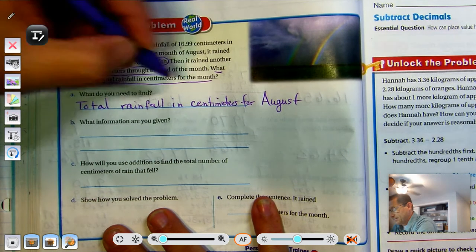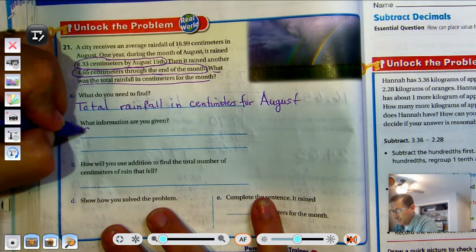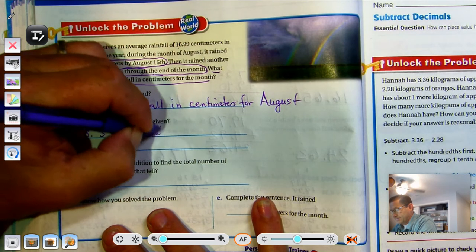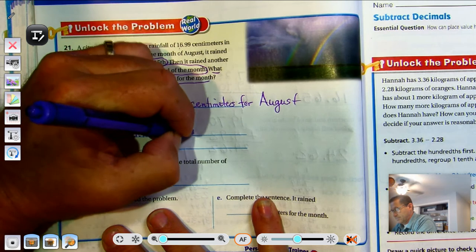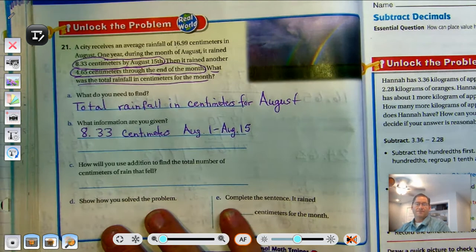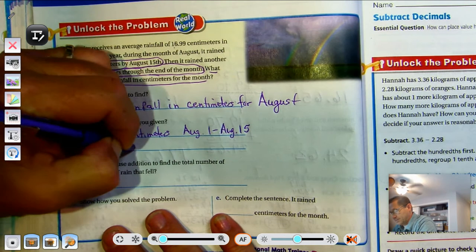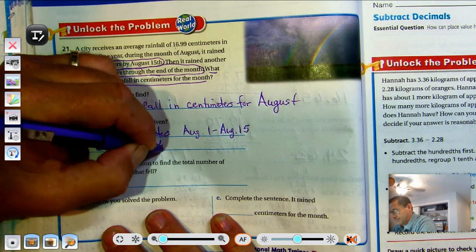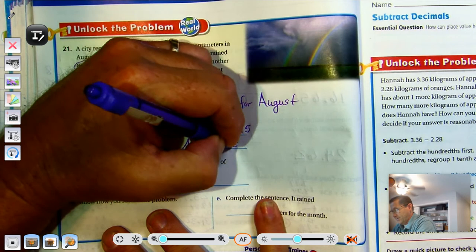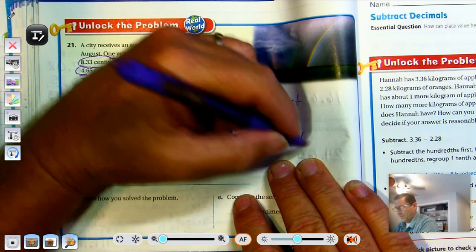And then through the end of the month, the 4.65. So 8.33 centimeters, basically August 1st through August 15th. 4.65 centimeters, August 16th to end of the month. All right.